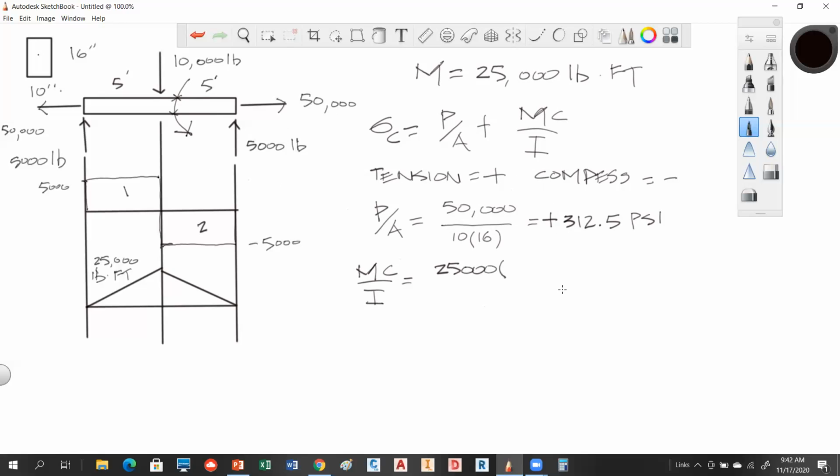What is C? C is the distance from the neutral axis up to the outside edge fiber, right? From the neutral axis, which would be 8 inches up, 8 inches down, out. So C is going to be 8 inches, correct?